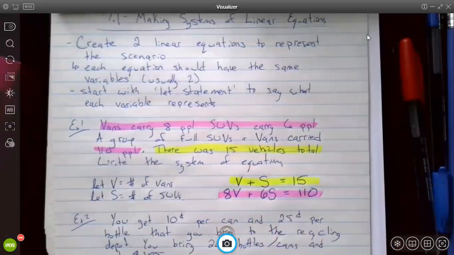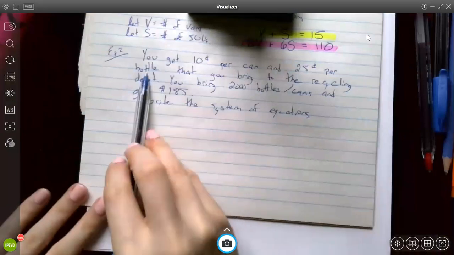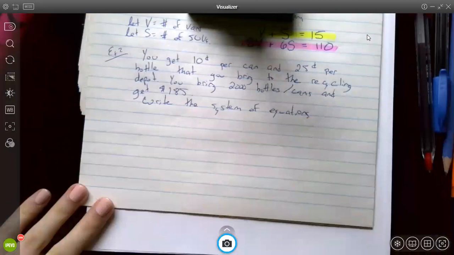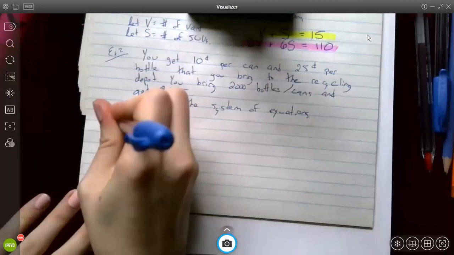Okay, let's try another example here. This one says you get 10 cents per can and 25 cents per bottle that you bring to the recycling depot. You bring 2,000 bottles and cans and you get $185. So once again, I'm going to start with my let statements.